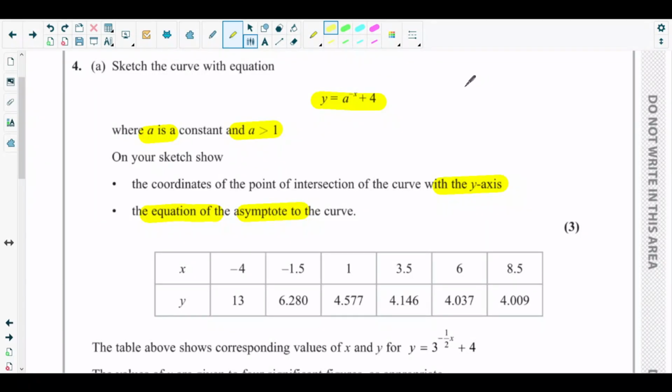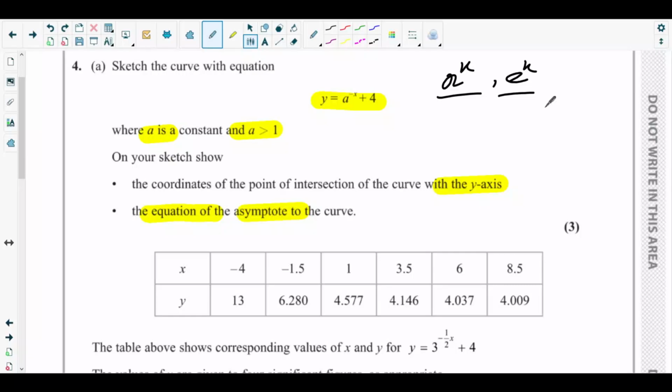Because the exponential expressions, a to the power x or e to the power x, can never be negative.